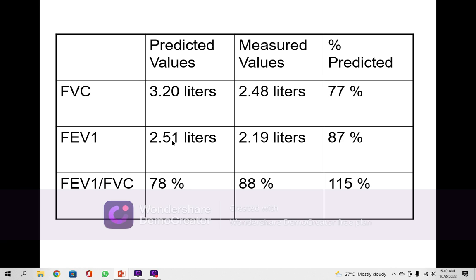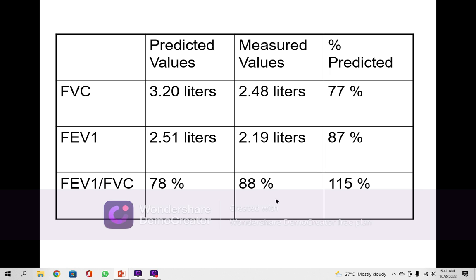FEV1 predicted is 2.5 liters, measured value is 2.19 liters. It is reduced, although the prediction was 87% in our community. The ratio predicted is 78%, and the measured value is 88%. Our percentage prediction was 115%. It is very near to normal.